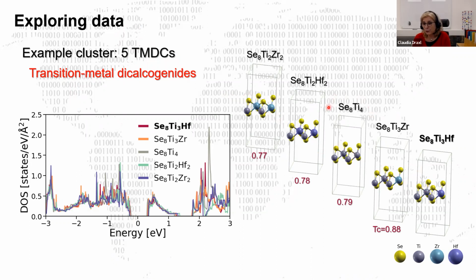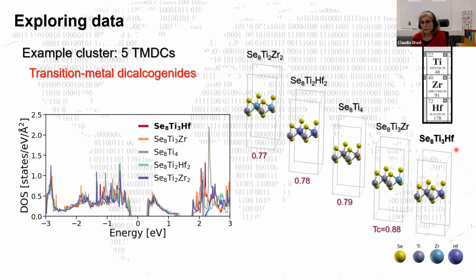And you see also that all of them have 8 selenium atoms. Then all of them have titanium atoms. But from this material, let's say here we have 4, but out of these 4, either one of them or 2 of them have been replaced by either zirconium or hafnium. Yeah? So they share the crystal structure, and what else do they share?